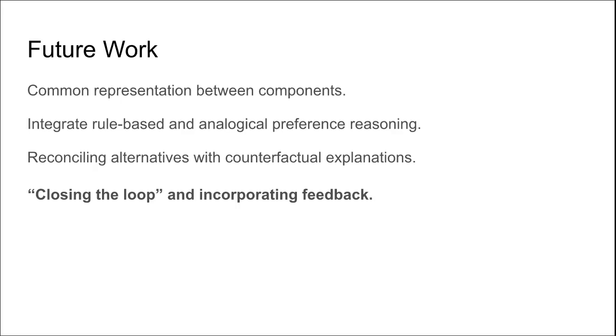Maybe in general, they want to take it a few hours before activity. However, maybe on Friday nights, they don't want to take it too early. They'd actually prefer to take it a little bit later. Also, the person could suggest that the explanation was not clear enough, and this could also then be feedback to our explanation component, allowing that component to produce a better explanation.